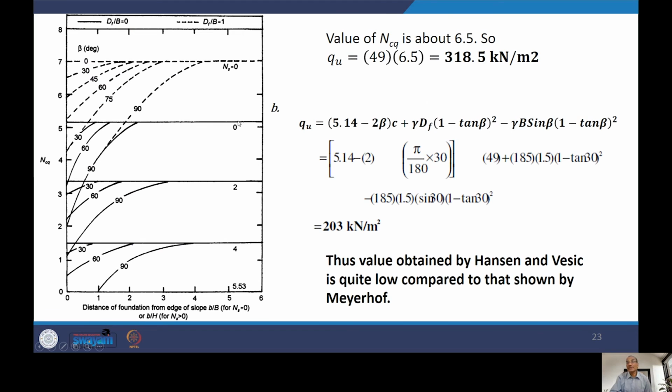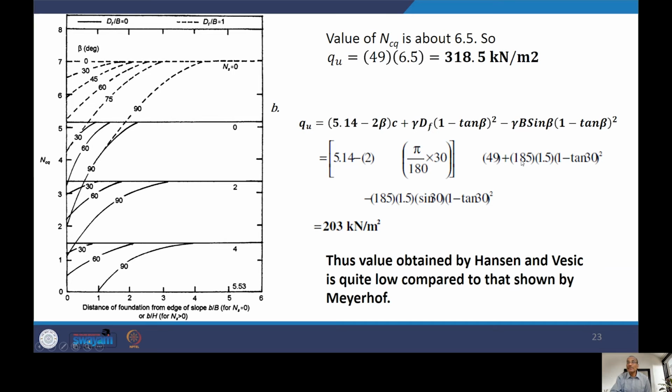Then, if we use the Hansen and Vesic method, as we already discussed in the theory, the ultimate bearing capacity has the C Nc part, the gamma Df Nq part, and the half gamma B N gamma part. When you put the numbers here, beta is given, so it is pi minus 2 beta, where beta should be in radians, pi by 180 into 30 degree. The value of C is 49.